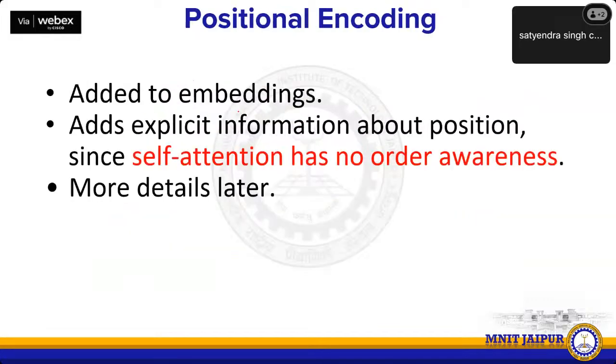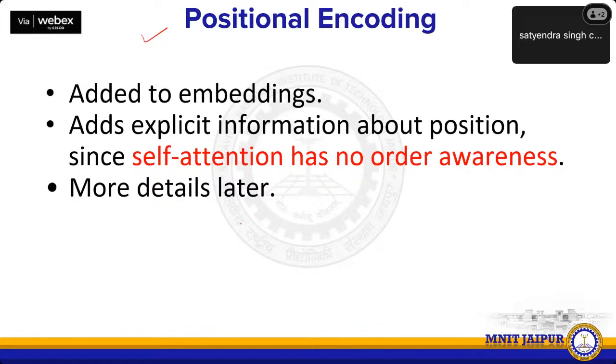And we had discussed why we need positional encoding in the transformer, because the transformer takes all the sequence at once. So somehow we need a way to track the ordering of the sentence.